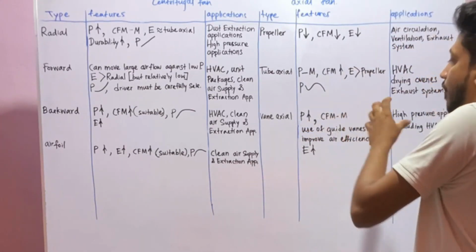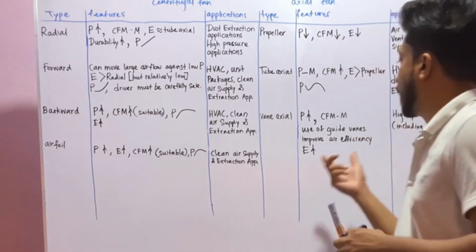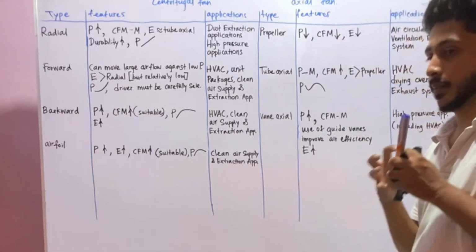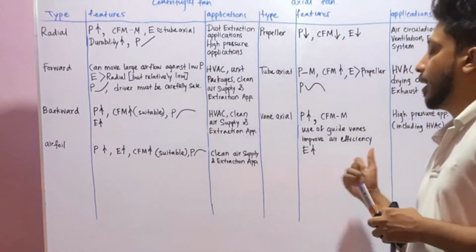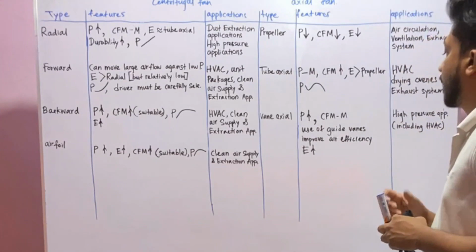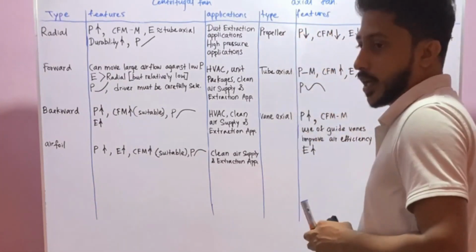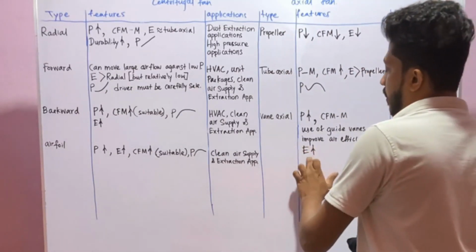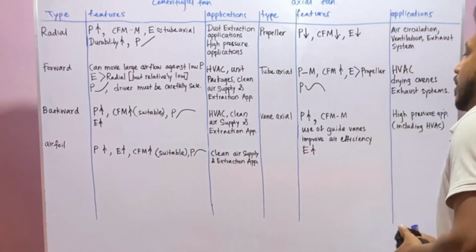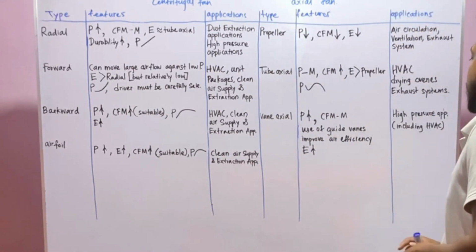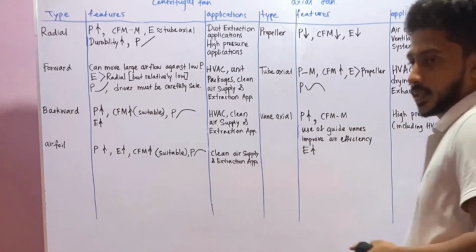For vane axial, pressure is higher, airflow is somewhat medium, and you have seen that there are guide vanes which make the airflow uniform, and also increase the efficiency. If we consider these three types, the highest efficiency we have is in vane axial fans. So they are useful for higher pressure applications.